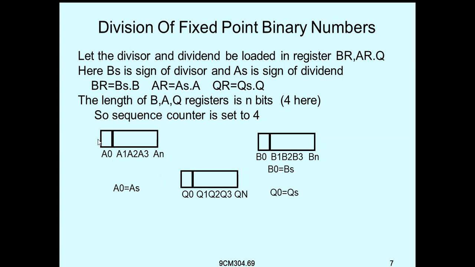A0 is the sign bit, and then A1, A2, A3 store the number. B0 is the sign bit of B, and B1, B2, B3 are the signed magnitude bits. Q0 is QS, the sign of the quotient, and Q1, Q2, Q3 are the signed magnitude bits.